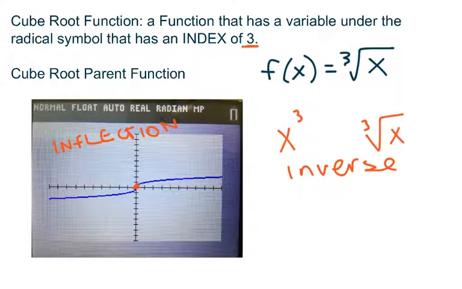We will be able to move that point or refer to that point to move and refer to other points. So these are the very basic things that you need to know. You need to know your parent functions, you need to know what they are inverses of, and you need to know where their inflection points are. In class, we are going to visit the key characteristics of both of these functions, something you've done all year long, and that's all we have today.